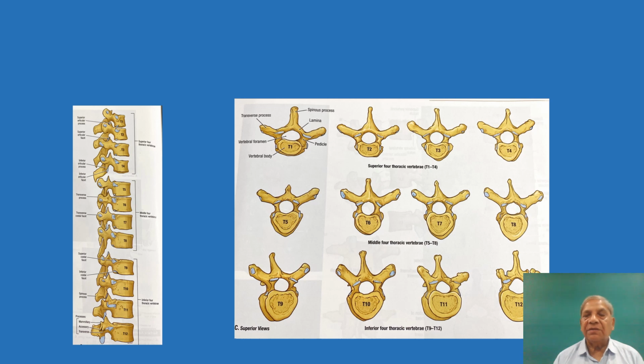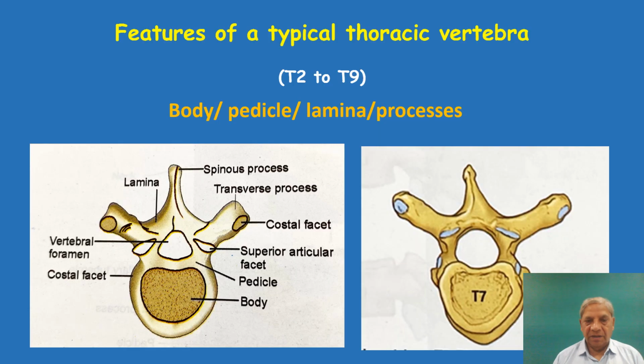Since you already know the parts of a vertebra, that is the body and the neural arch, which consists of pedicle and lamina: this is the body, this is the pedicle, and this is the lamina, which fuses to form a process called the spinous process. Other processes which come out from the neural arch are the two superior and two inferior articular processes, which are not seen in this view.